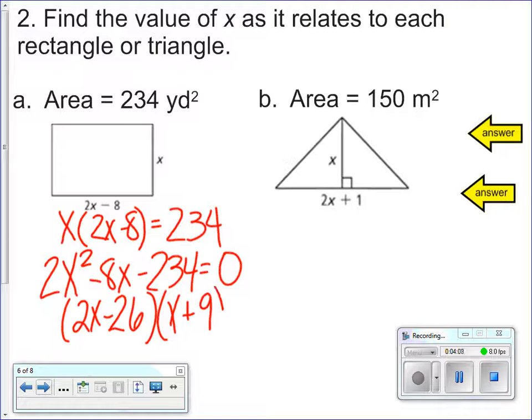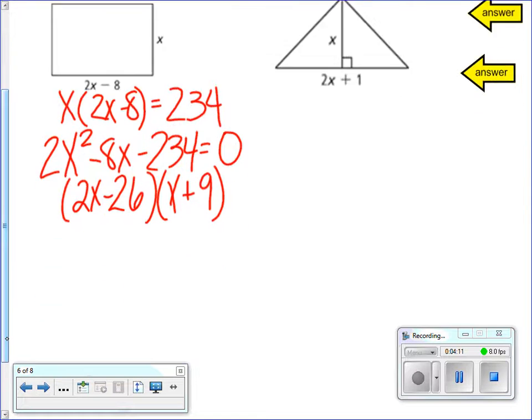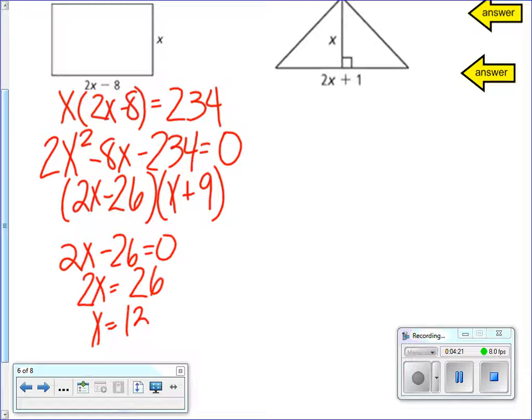Set them both to 0. I get 2x minus 26 equals 0, 2x equals 26, x equals 13. X plus 9 equals 0, x equals negative 9. So I know that x cannot be negative, so x equals 13.